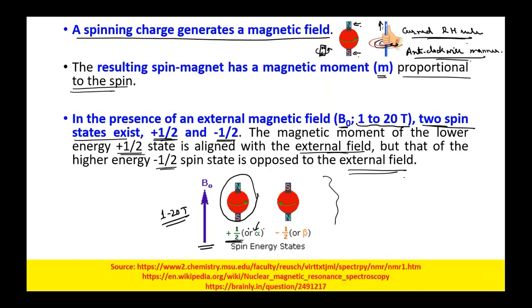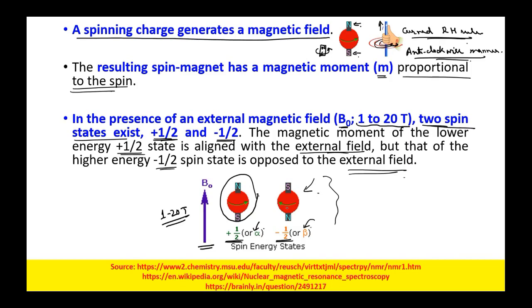It may so happen that there will be some nuclei which will not follow this rule, and these nuclei are said to have a spin energy state of minus half, also called the beta state.